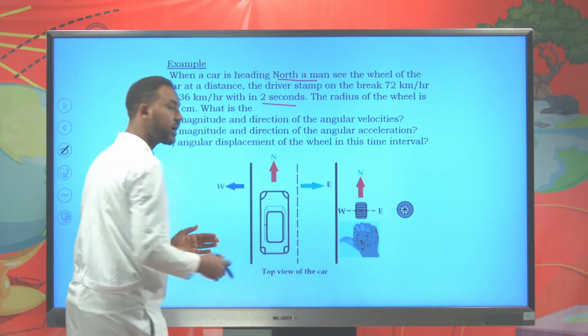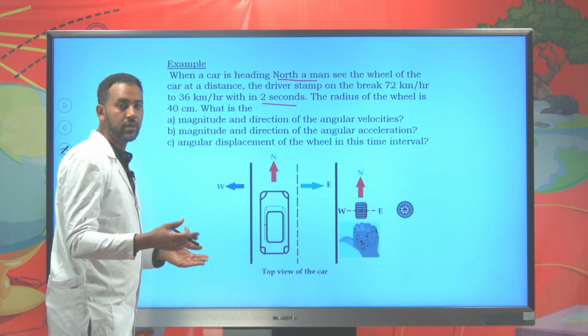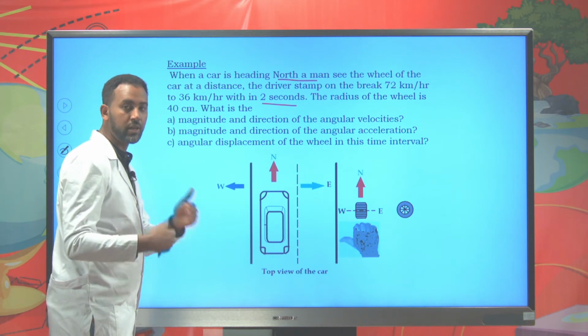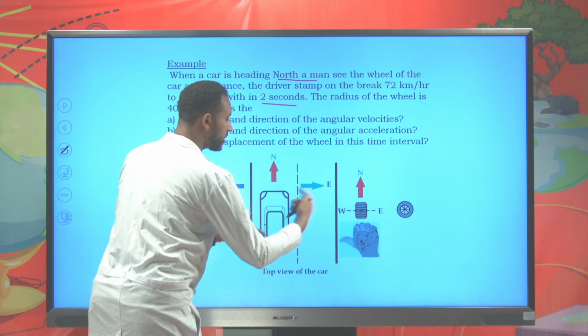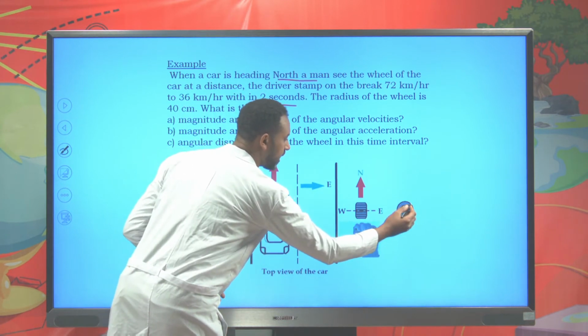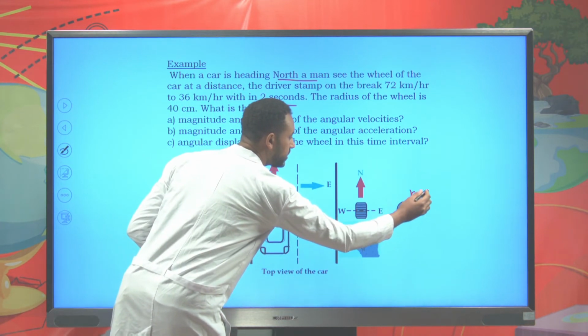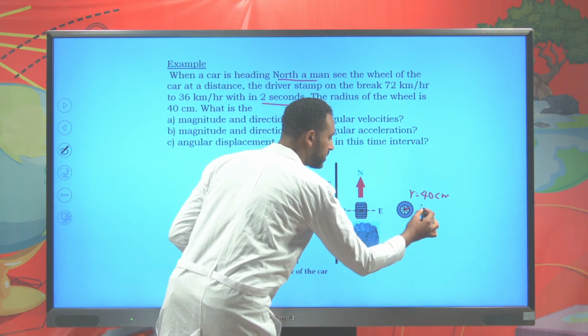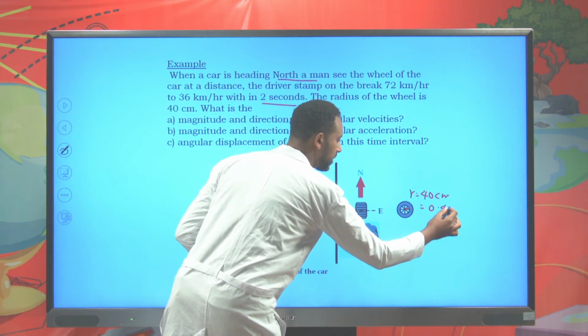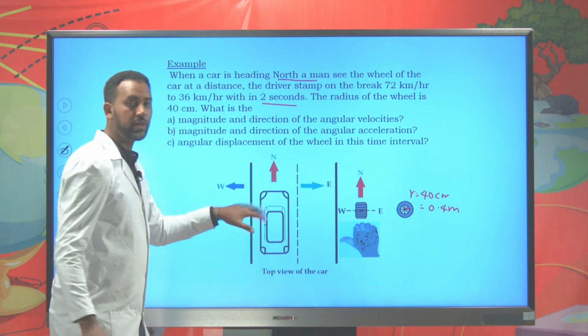In this case, the car has a translational motion. The only component which has a rotational motion is the tire, which has a radius r of 40 centimeters, or 0.4 meter.